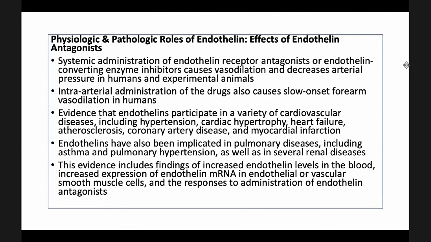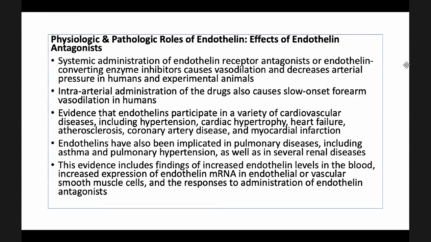So systemic administration of endothelin receptor antagonists or endothelin converting enzyme inhibitors will cause vasodilatation and a decrease in arterial pressure. So intra-arterial administration of the drugs will cause a slow onset forearm vasodilatation.